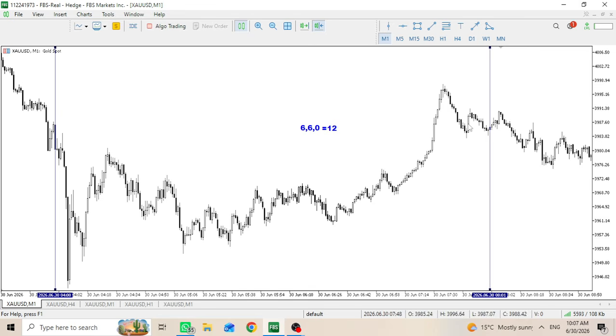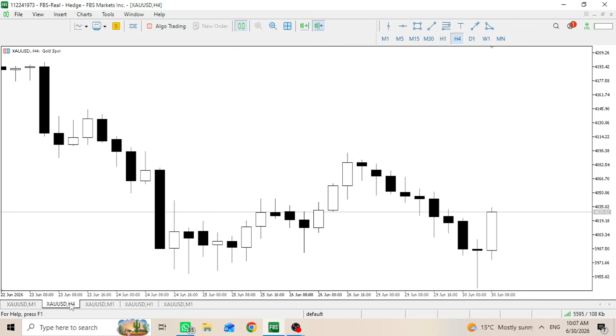This is a 1-minute time frame, so these are 240 one-minute candles, but in the 4-hour they are just shown as the summary. To get the candle range, you take the high minus the low.